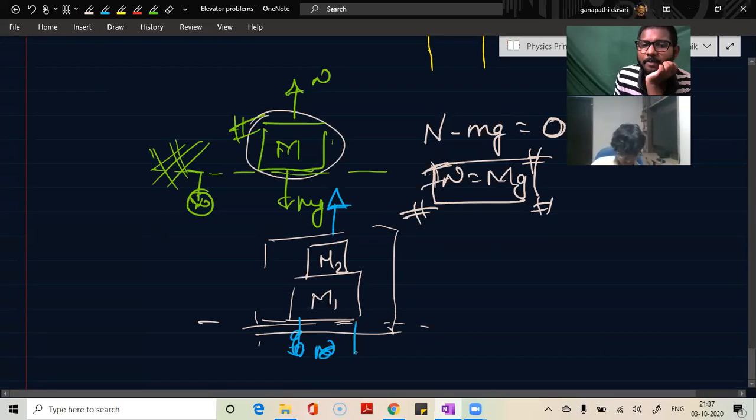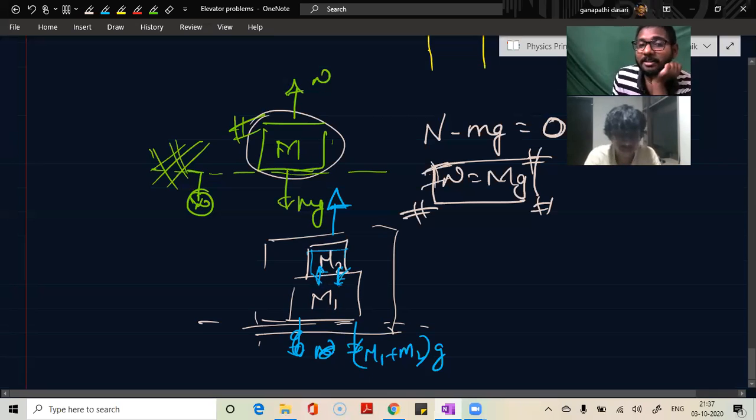You might ask me, sir, there will be a normal contact force here also, isn't it? But here I took m2 and m1 as the entire system. I combined both of them to be the system. So that normal is an internal force, and I will not consider it because it's an internal force between m2 and m1.